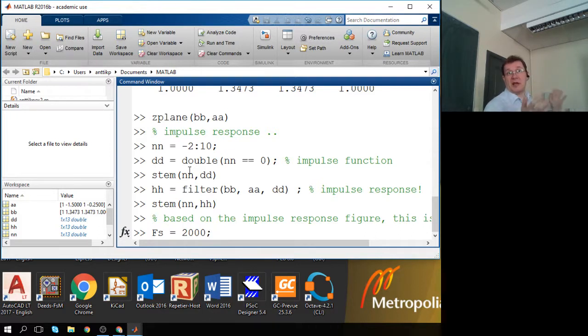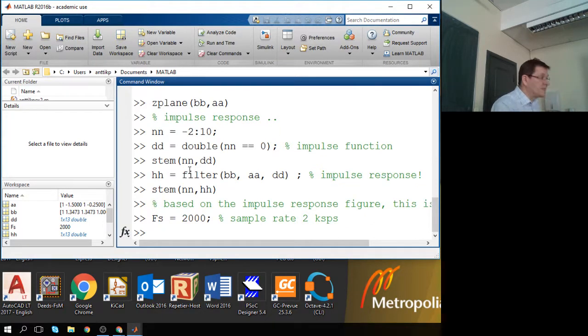For example, a sampling system, a data logger of some sort. So this is the sample rate, 2 kilo samples per second, KSPS. And then we can calculate the frequency response quite easily.